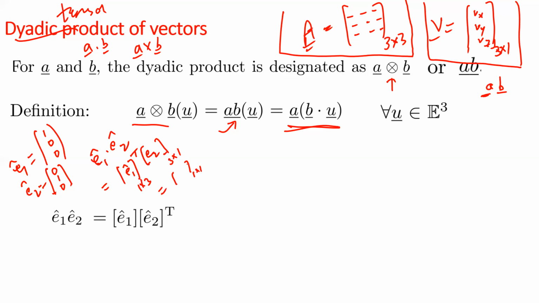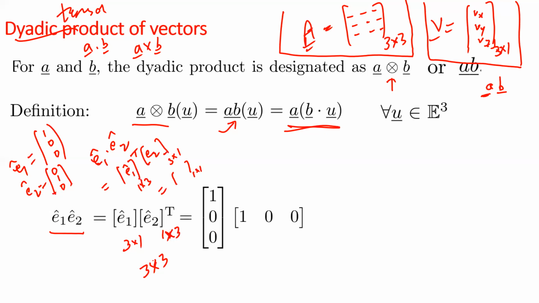So E1 dyadic product with E2 can be written in matrix form like this. E1 has a size of 3 rows, 1 column. E2 has a size of 1 row, 3 columns. And so this gives me a matrix of size 3 by 3. This is 3 by 1 and 1 by 3. I'm sorry for this typo.